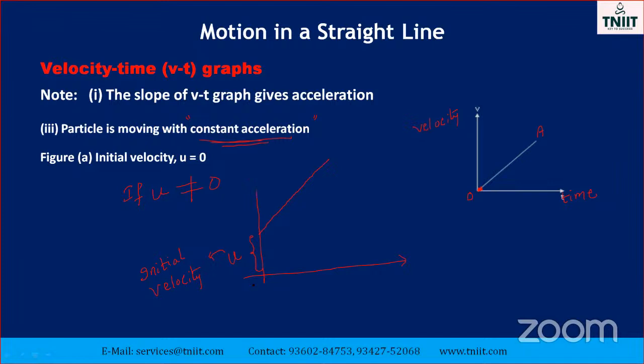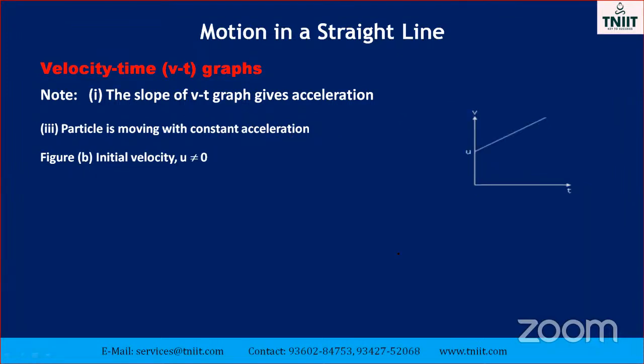Now the particle is just moving from A to B. So this is the graph where the initial velocity is not equal to zero. No doubt the velocity is taken along the y-axis and the time along the x-axis. So this is the concept where the particle is moving with a constant acceleration, where the initial velocity is not equal to zero.